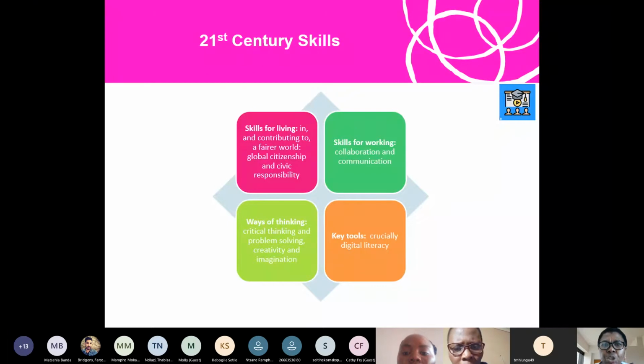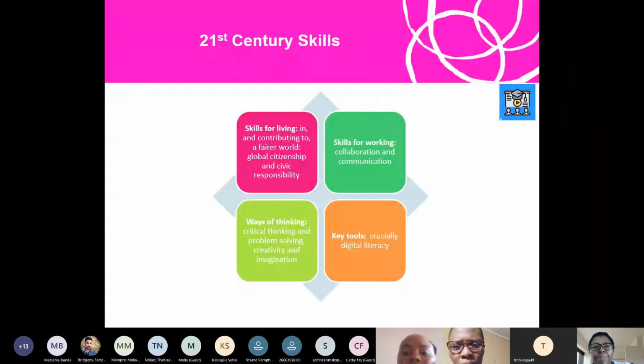On top of that, I need to be proud that I am a global citizen. Similarly for you guys in Lesotho, you need to take pride in your country, because that's the beginning of taking pride of being a global citizen. And you need to take civic responsibility. Hence, in session 1, we're looking at the Sustainable Development Goals, because we're trying to highlight that we have got civic responsibilities towards the SDG goals.